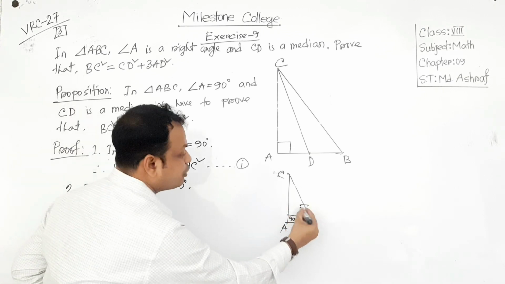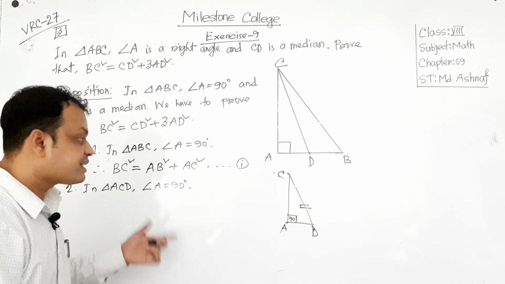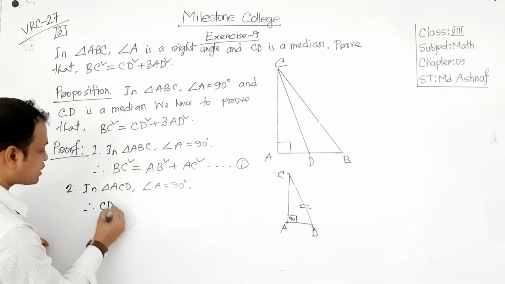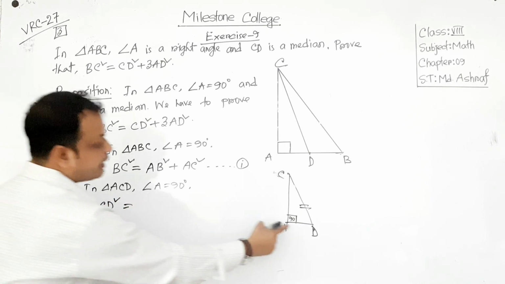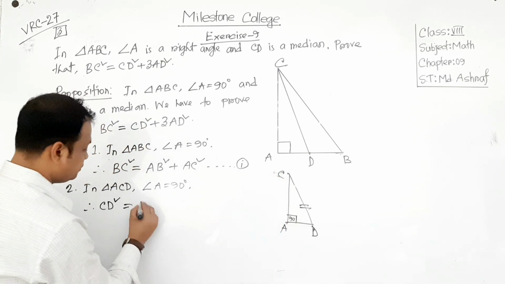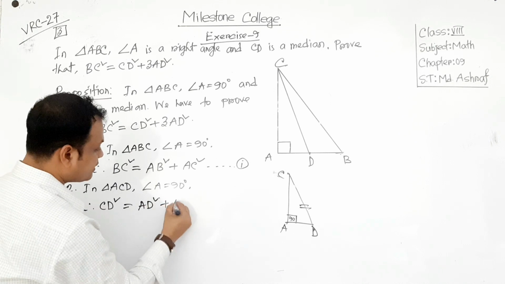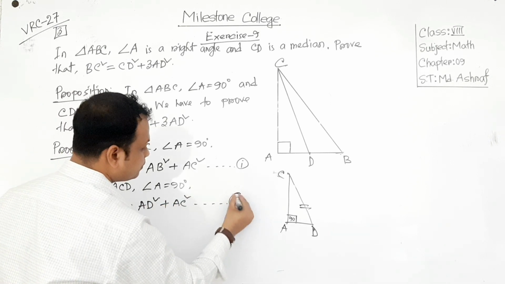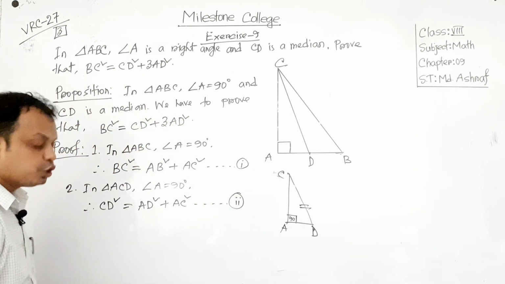Then CD will be the hypotenuse. Therefore CD square equals AD square plus AC square. This is equation number 2.